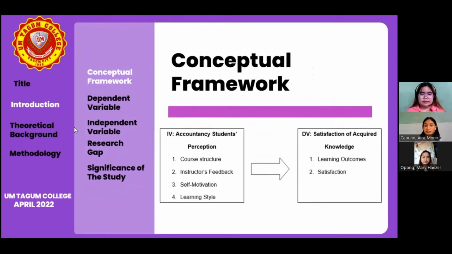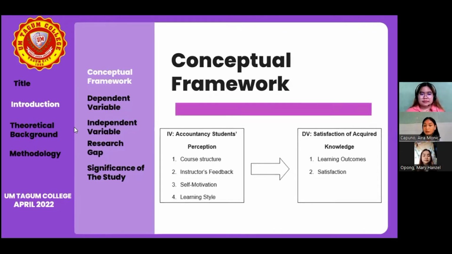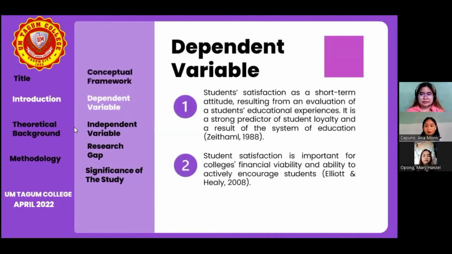Its indicators are course structure, instructors' feedback, self-motivation, and learning styles. For our dependent variable, satisfaction of acquired knowledge, its indicators are learning objectives and satisfaction. To further discuss the dependent variable and its importance, let's move on to the next slide.